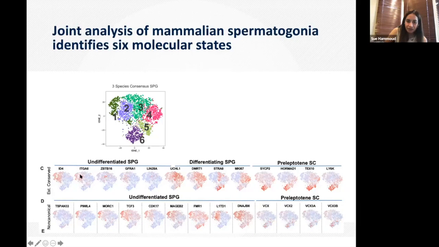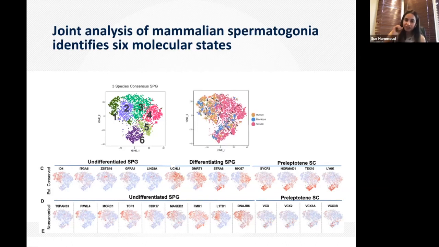Using undifferentiated spermatogonial stem cell markers, we could say populations 1 and 2 appear to be undifferentiated spermatogonia, 3, 4, and 5 are differentiating spermatogonia, and population 6 expresses a lot of the early meiotic genes. This happens to be a preleptotene, a cell that's committing to entry into meiosis. So this is really exciting, because we get a defined hierarchy of differentiation.